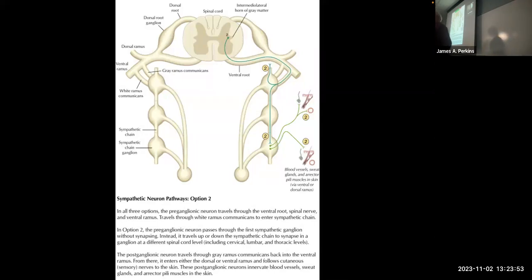Is it also T1 through L2? No. It's all of them. Every single vertebral level is going to have gray ramus communicans, because these postganglionic neurons are going to jump onto sensory nerves to supply sweat glands, blood vessels, and erector pili muscles at every single dermatome level in the body.